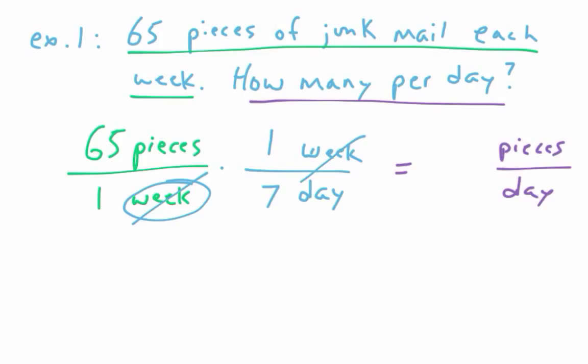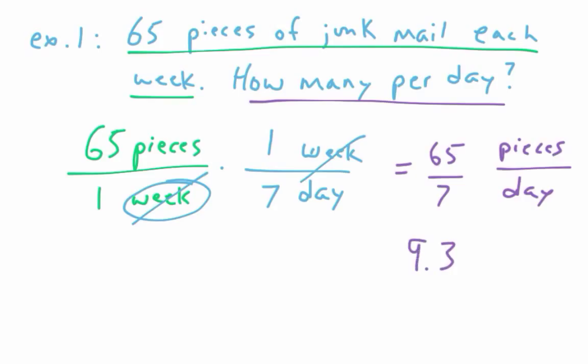The units are different, but the value is the same amount, like minutes or seconds or whatever. And if I do that, I get 65 pieces times 1, so I end up with 65 over 1 times 7 in the denominator, and I end up with days. So to get my final answer, I just have to do 65 divided by 7, right?